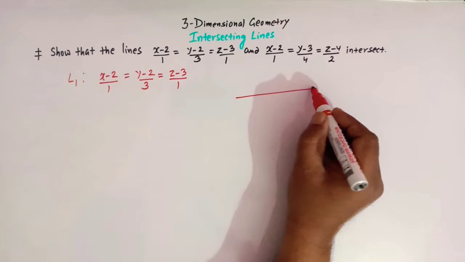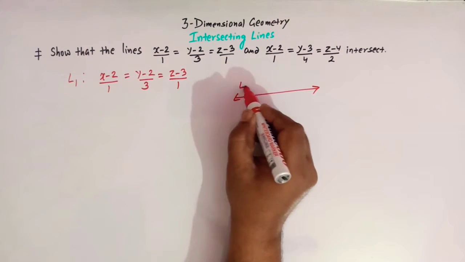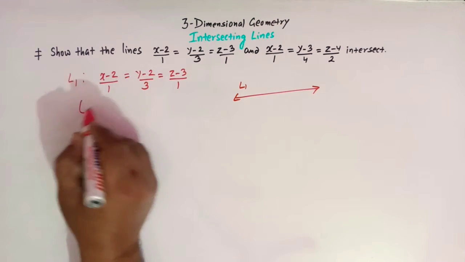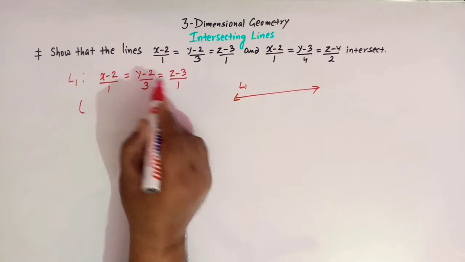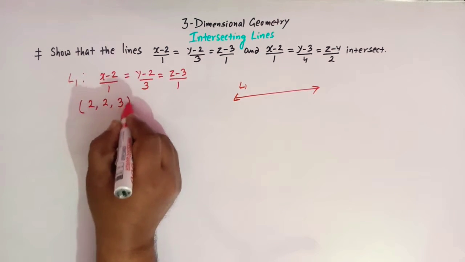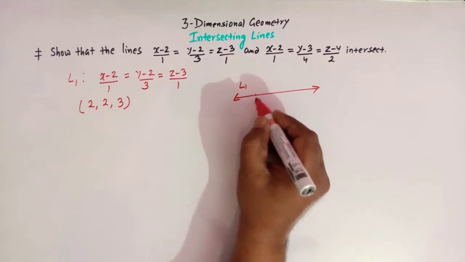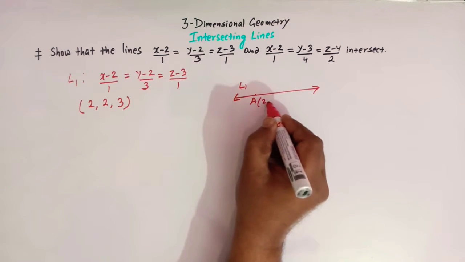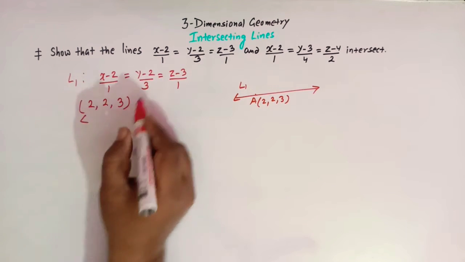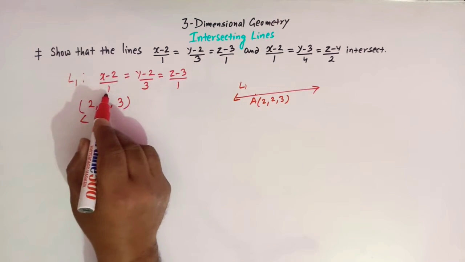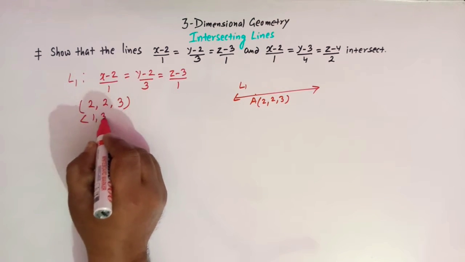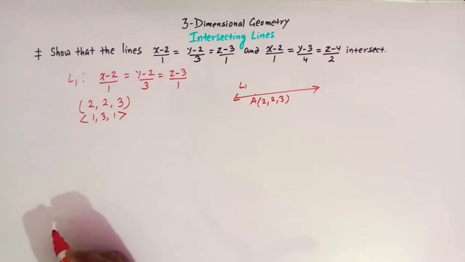This line passes through the point (2, 2, 3), and the direction ratios of this line L1 are 1, 3 and 1.